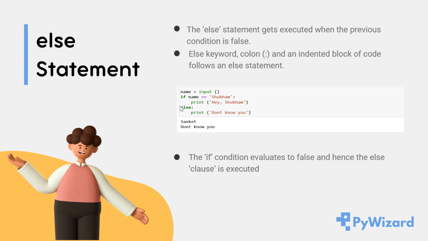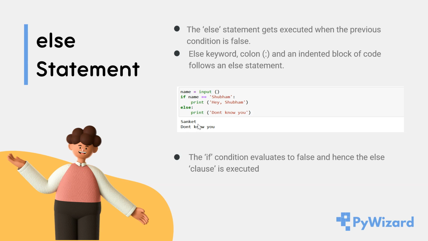It gets skipped to else, which is not part of the if block of code here, because else is not indented, it's a separate clause itself. And if it comes to else, then we will print don't know you, because else does not have any condition. It just needs to get executed once the if condition evaluates to false.